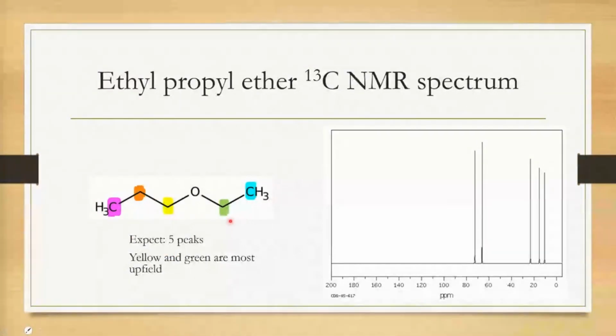We would expect to see 5 different peaks, which we see on this NMR spectrum. And then just like in proton NMR, the carbon atoms that are closer to electronegative atoms are more downfield. Okay, I wrote that wrong. They should say downfield. So our yellow and green peaks are these 2 peaks over here that are more downfield.